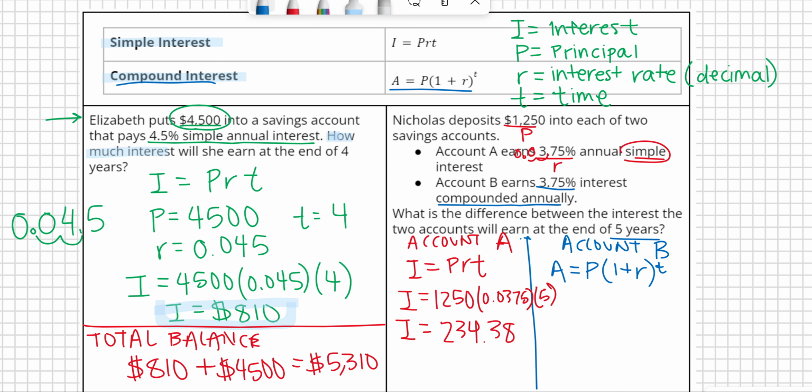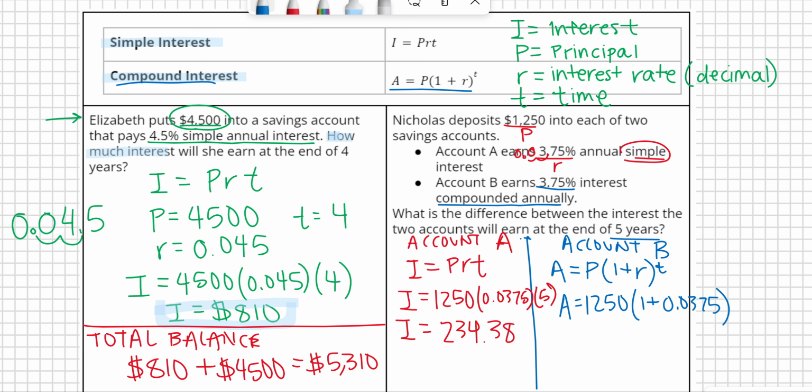So let's fill in what we know. Account balance is equal to the principal, that's the same, 1,250, times 1 plus the interest rate, which was 3.75%. Turn that to a decimal, that's 0.0375, to the power of how many years?